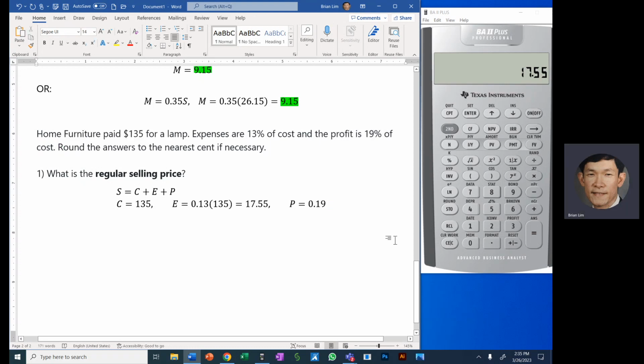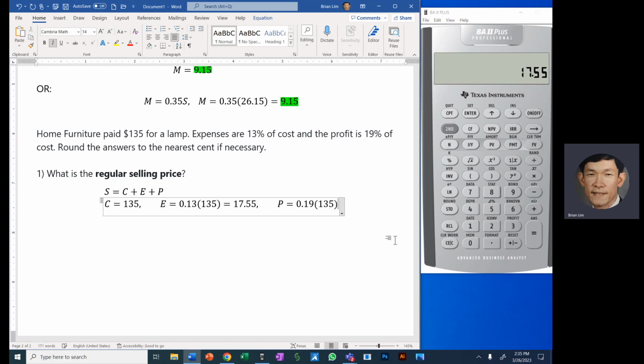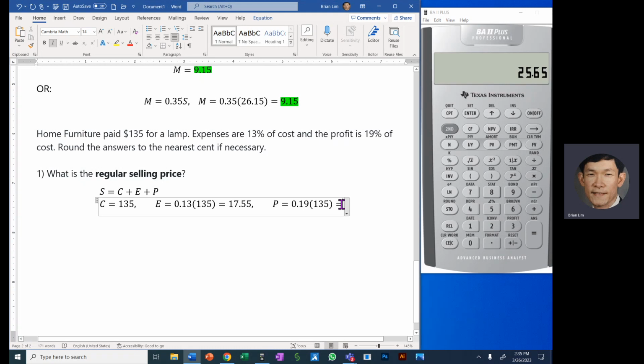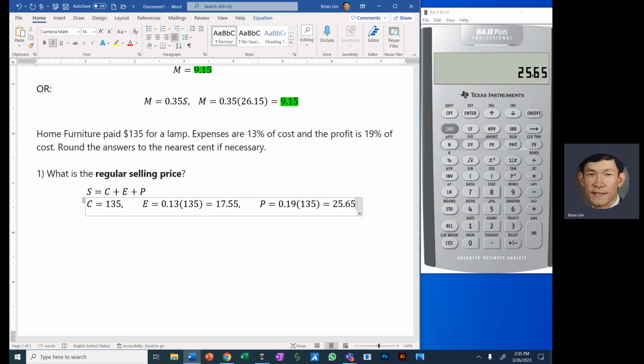Right, so 0.19 times what? Well, the cost is 135, so that's equal to 19% times 135, which is equal to 25.65. Okay, so we have all the data that we need to find the selling price.